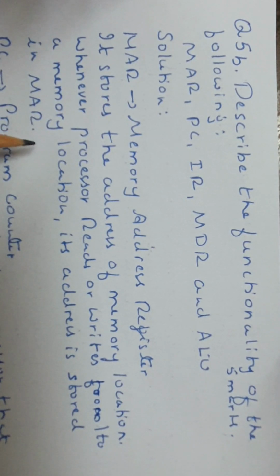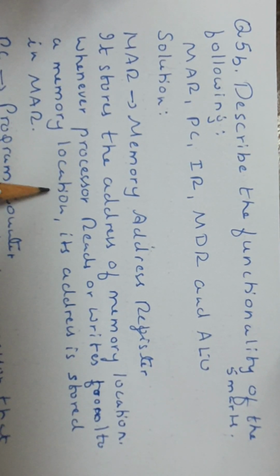Whatever instructions and data we give to the processor will be stored in memory. So whenever the processor fetches these from memory, it gives the address, the memory location from which it wants to read or write.